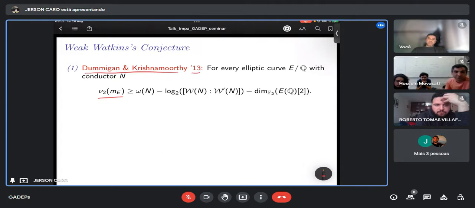As I said before, omega(N) is the number of distinct primes that divide the conductor.